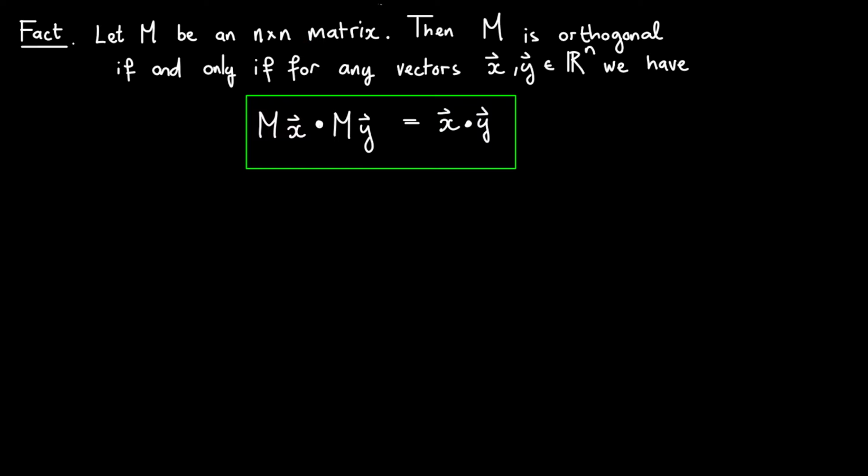Okay, so let's take a look and see exactly how this works. So why is this true? Let's suppose here that we are dealing with an orthogonal matrix, and let's try to show that this formula here will hold for any two vectors x, y. Well, it's quite straightforward.